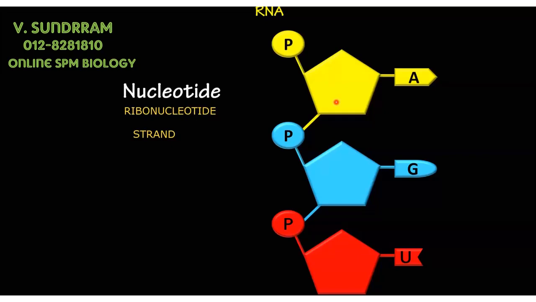Very happy to see all of you giving me the answer. Some of you answered the word single strand. Yes, this is a single strand, but DNA is double strand. The double strand is actually made of two single strands, meaning DNA also has single strand, but it has two single strands that bind together.